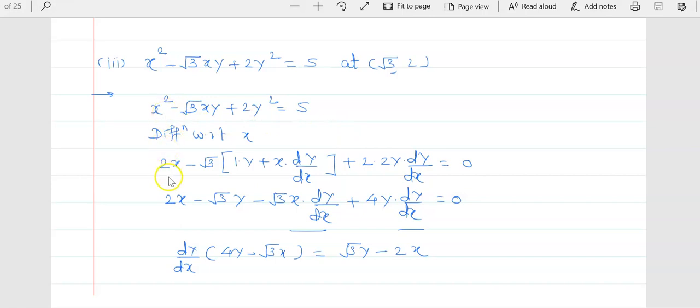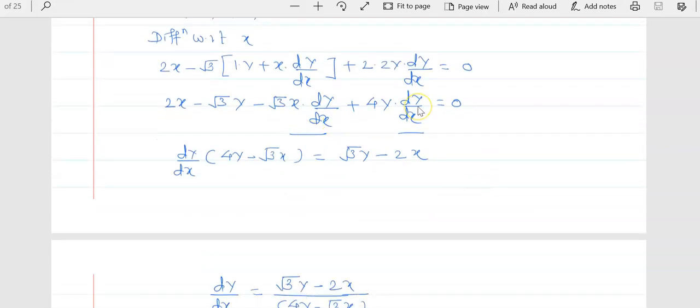Again, see this here. This is the curve that we have been given. Differentiate: the derivative of x² is 2x, minus √3 x into y. Apply the product rule: the derivative of x is 1, y is as it is, plus x into dy/dx. The derivative of 2y² is 2 into 2y into dy/dx, equals 0.